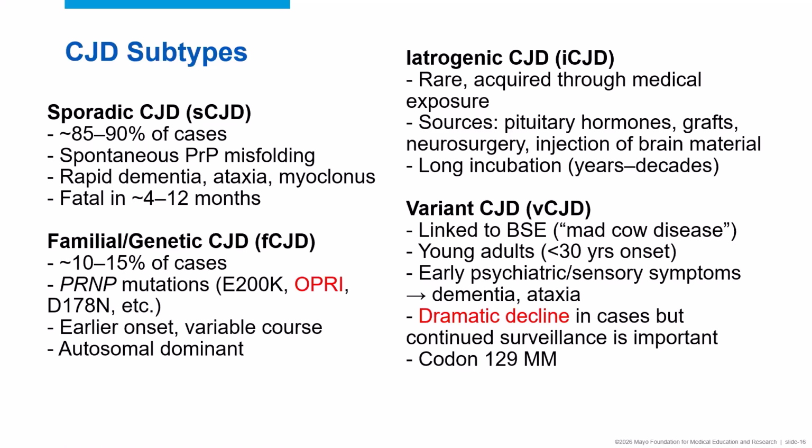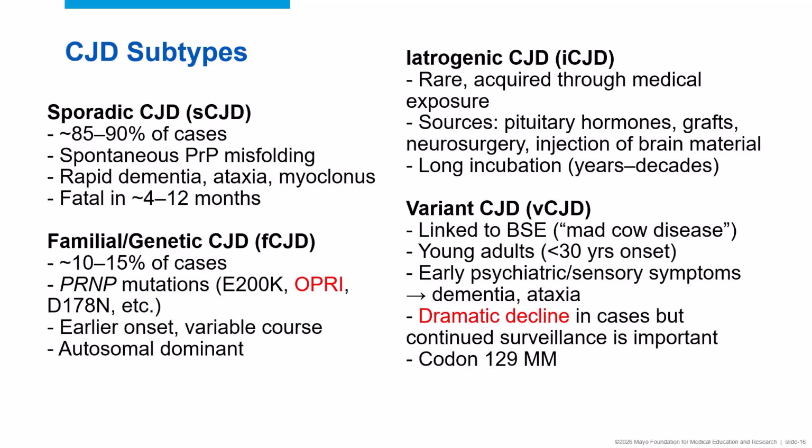These are autosomal dominant. And then there have been cases of transmission of CJD due to exposure to contaminated medical equipment, or receiving tissue-based products like grafts, hormones, brain injections, etc. Those are exceptionally rare, but they have been reported.